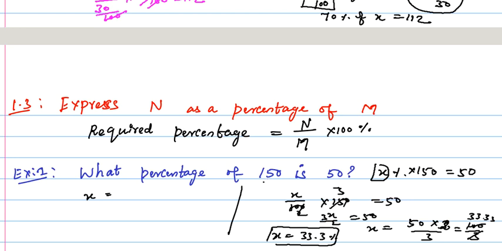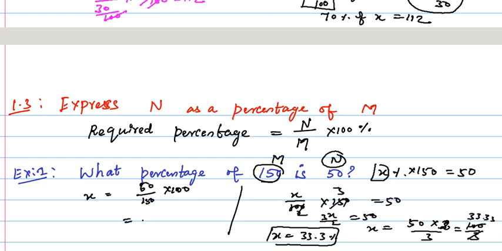The question is what percentage of 150 is 50, so here 50 is n and 150 is m. Substituting, you get n by m, 50 by 150 into 100.